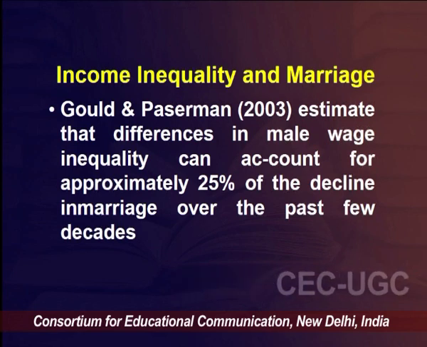So, we are basically trying to understand the relationship between income inequality and marriage. Earlier these were considered as two domains, belonging to the economic domain and the social domain. What the feminist and other more contemporary anthropologists and sociologists have tried to do is make a linkage between the so-called private and the public domain, and therefore the idea is that does change in the income of the family affect marriage.